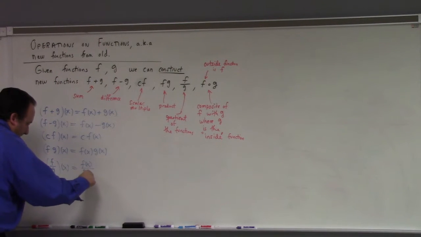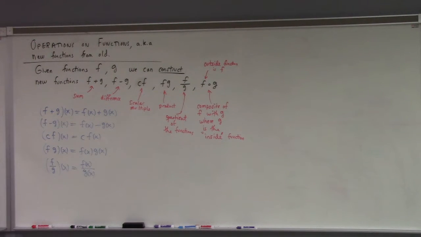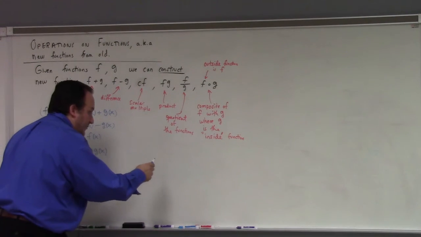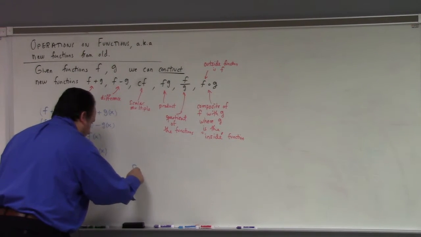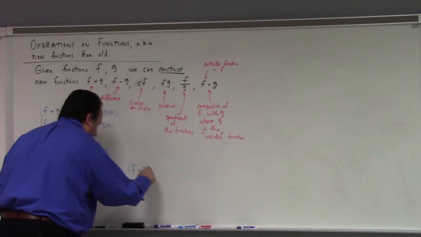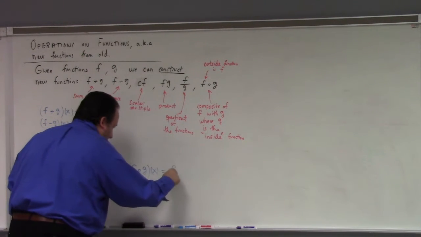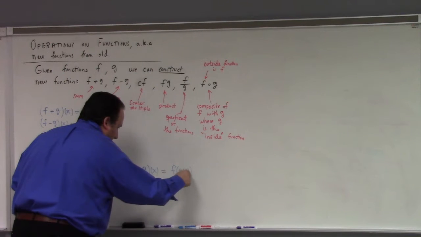All of these are kind of like, I didn't really need you to come and write that on a board. I just kind of knew that already, right? What else would you mean? But composite is a little bit trickier. Here's the way that works. f composed with g of x is equal to f of g of x.